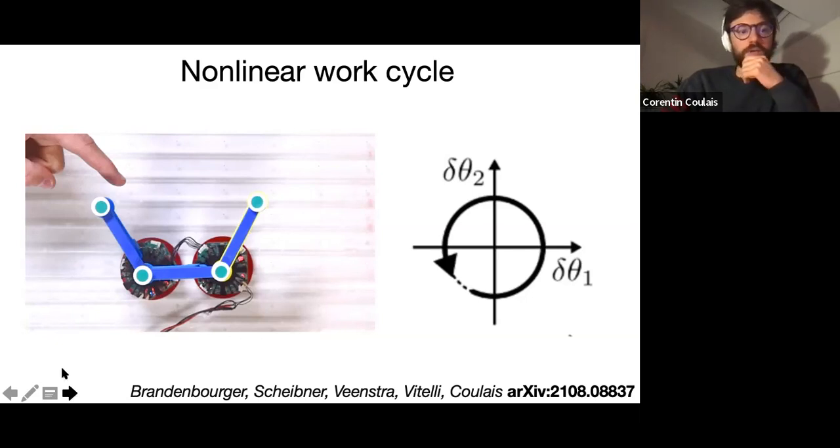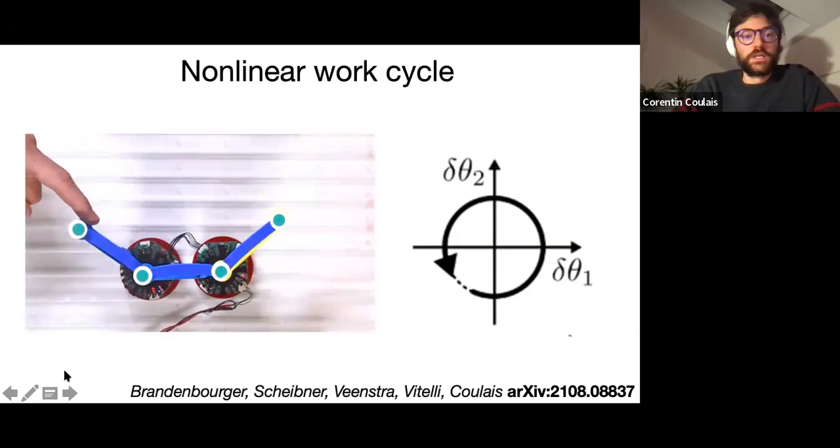So now what we will explore, in this work on impact and locomotion, is not only the linear elasticity, but what happens non-linearly. When you have this odd modulus, what can happen is that you become self-sustained.